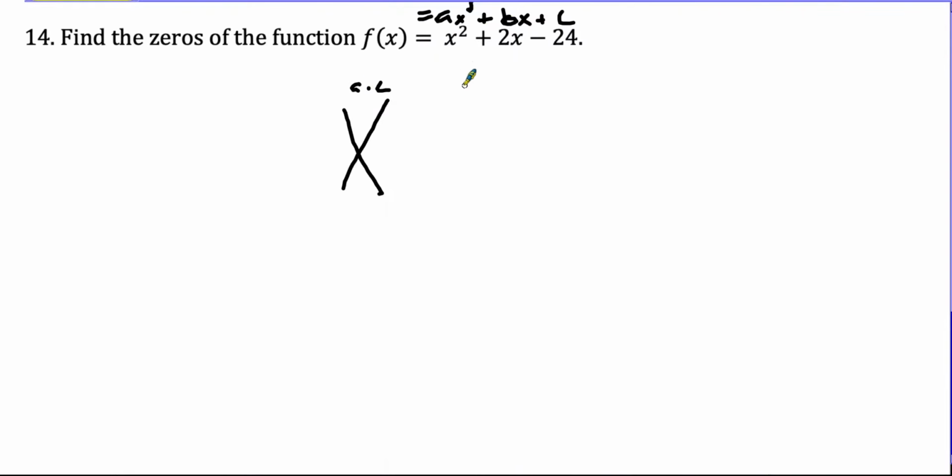So a times c in this case would be 1 times negative 24. I'm going to put negative 24 up here, and then my b value goes in the bottom, which is 2. So what I'm looking for are two numbers that multiply to negative 24 and add to positive 2.